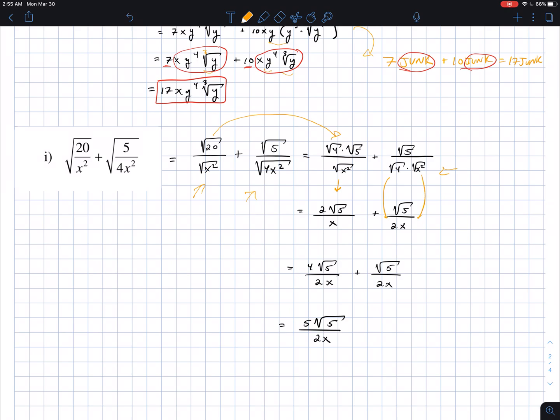Now I had to make what? We had to make common denominators, right? So the common denominator was 2x, so all I had to do was multiply this beast right here by 2 over 2. And that's exactly what I did. 2 times 2 is 4, and 2 times x is 2x.